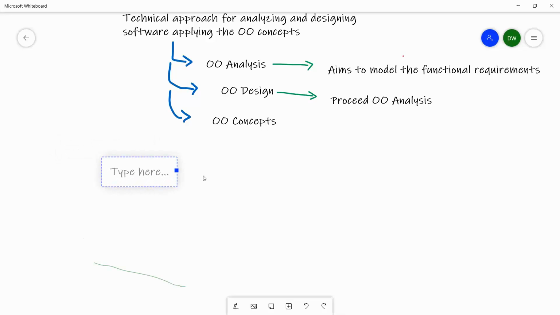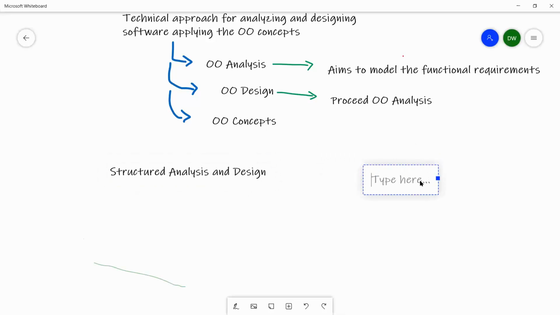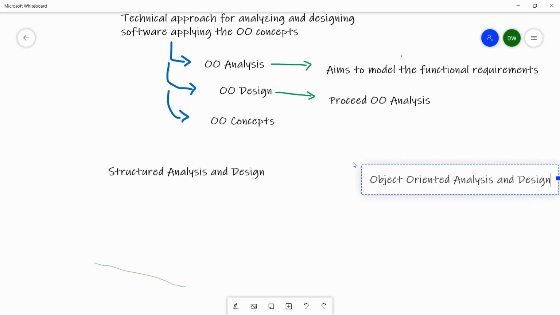If I write here, structured, and here today we are talking about analysis and design, so I write structured analysis and design. And on the other hand, we have object-oriented analysis and design.